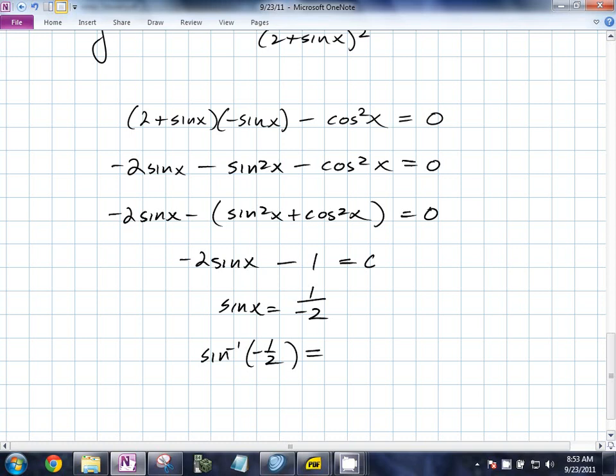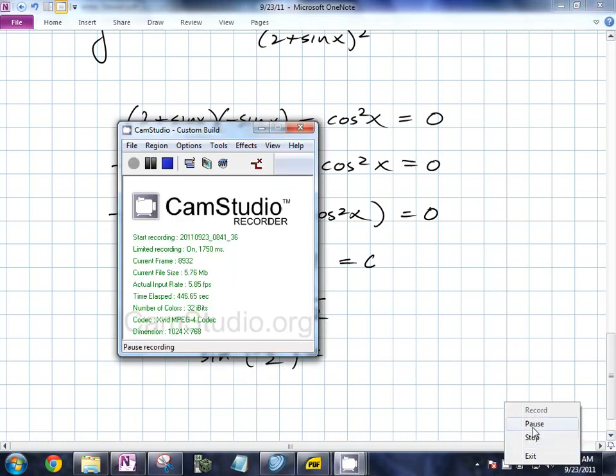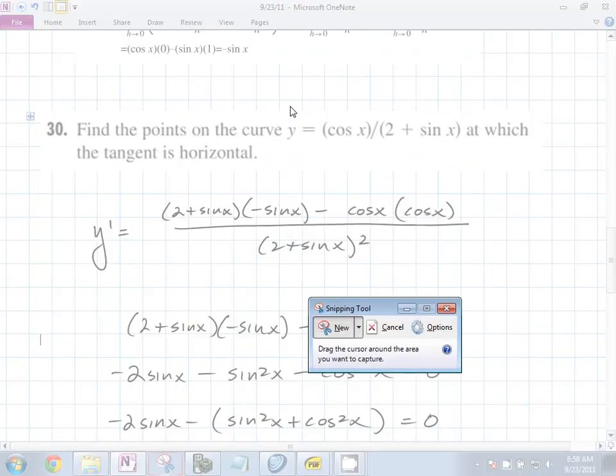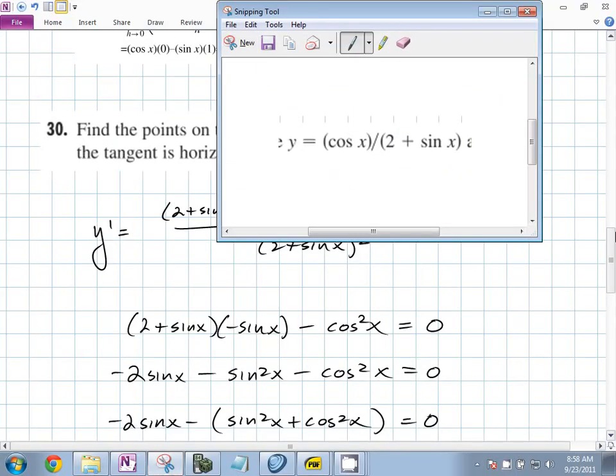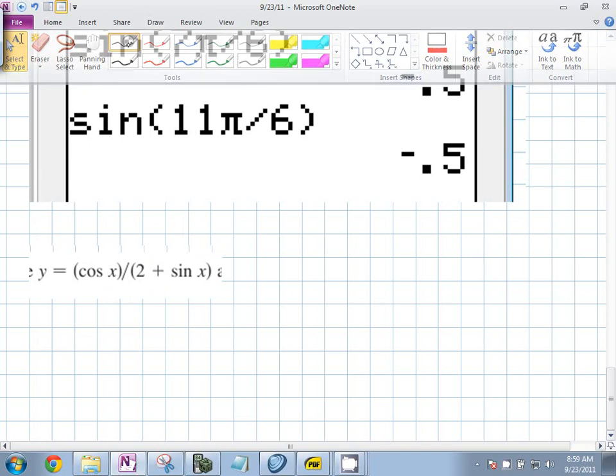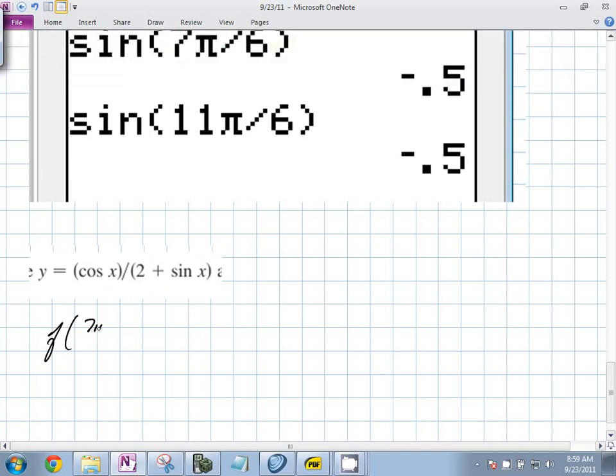So we have the x values, and there are lots of them. Now we take the original function right here and try to figure out what f of 7 pi over 6 is. That's cosine of 7 pi over 6 over 2 plus sine of 7 pi over 6. What is cosine of 7 pi over 6?